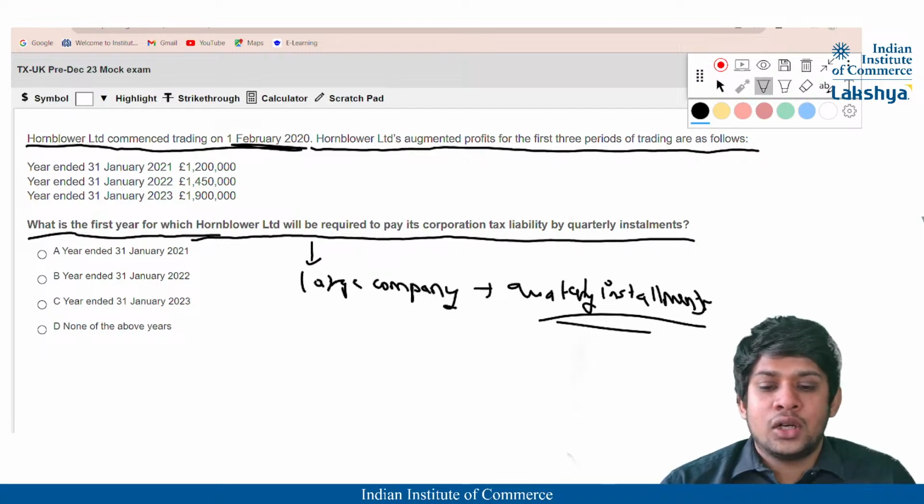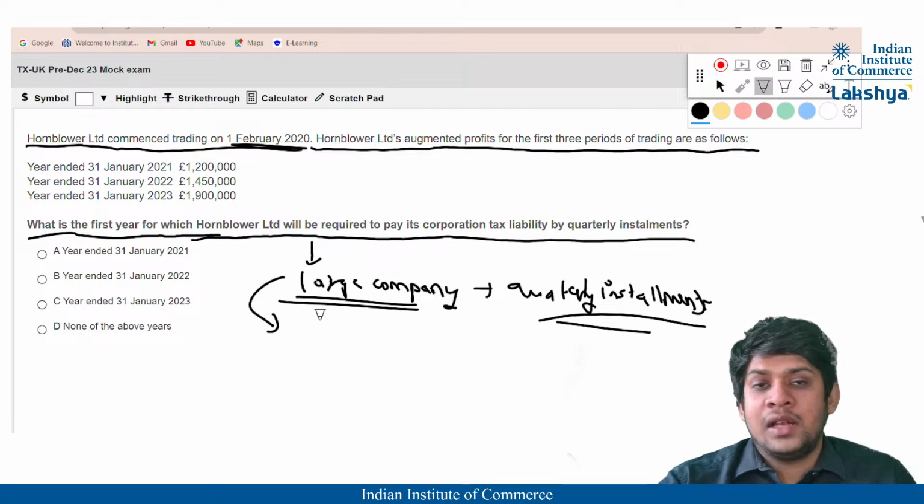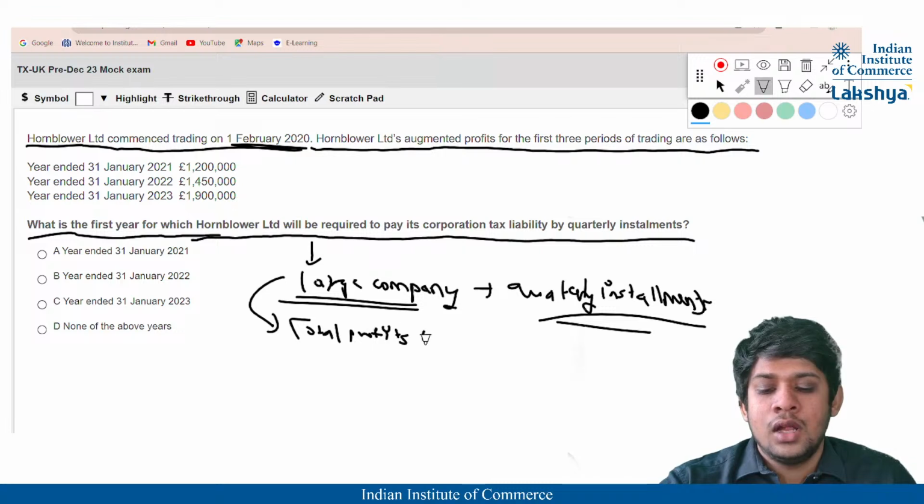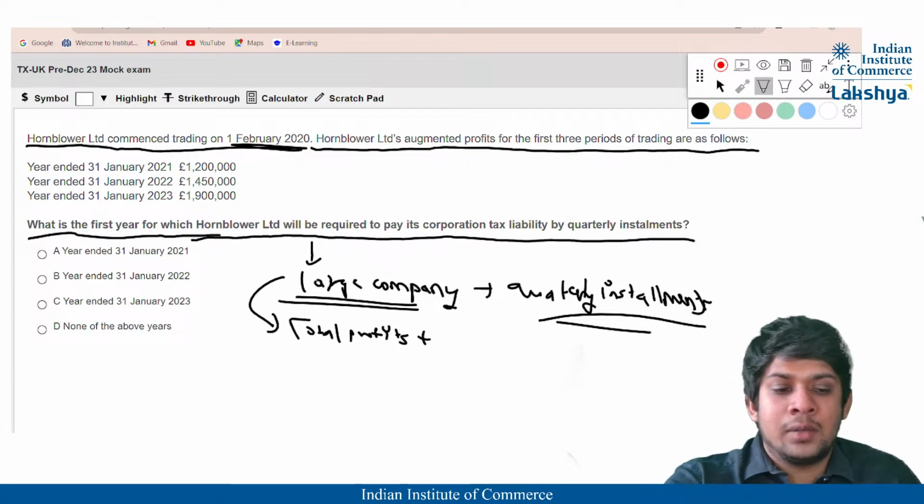Now, in order to be recognized as a large company, her augmented profits, that means her total profits plus the dividend received from non-group companies, that is her augmented profits.